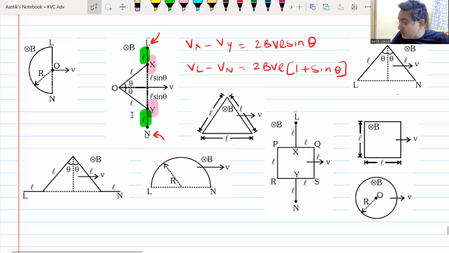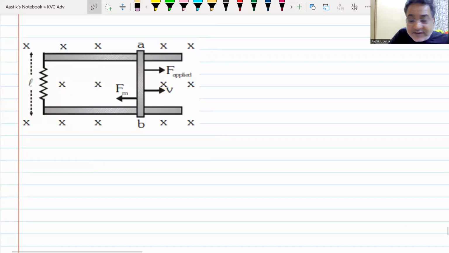Now if I close this by a circuit, by this rod by a circuit, then it will start to make sense how the area is changing.